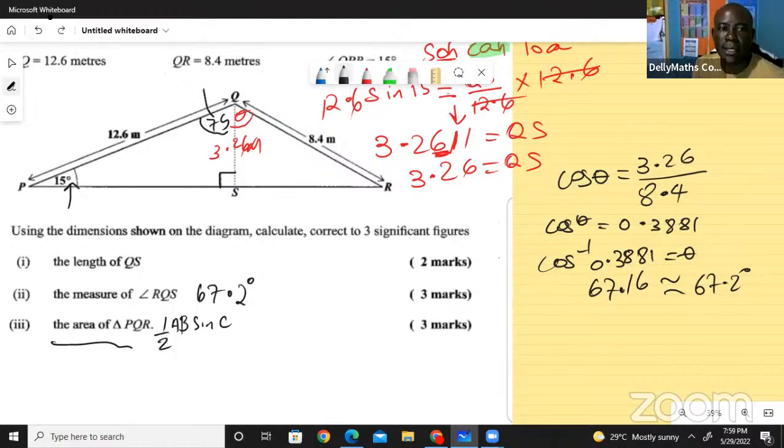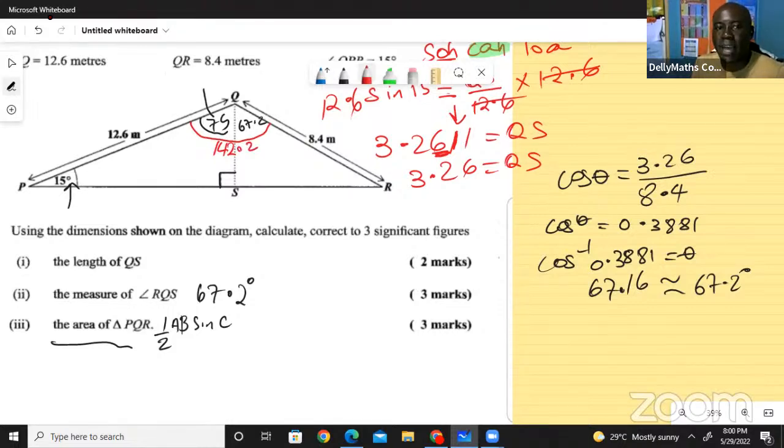Why am I doing that? It's because I know that over this side, we just worked it out and got 67.2 degrees for that angle. Now, why are we doing this? If you have an angle between two known sides, you can use that to find the area of the triangle using a trig function. So this is 142.2 altogether.